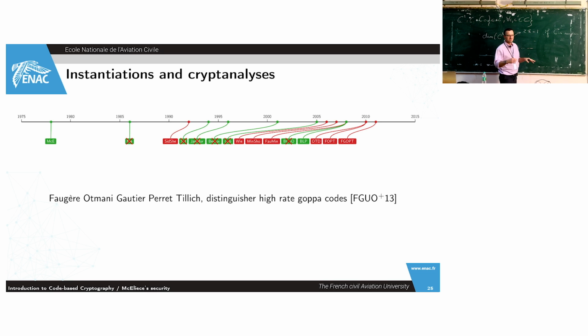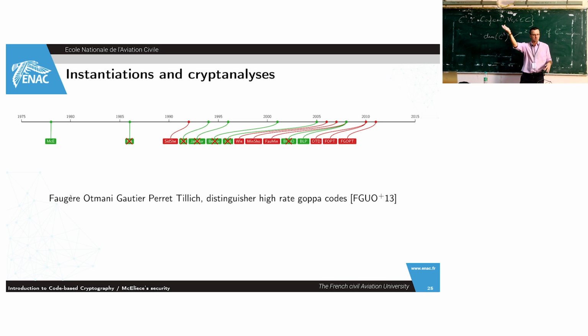And this something else would be different whether it's a GRS code or an algebraic geometry code, but it will give you something different from 2k plus 1.